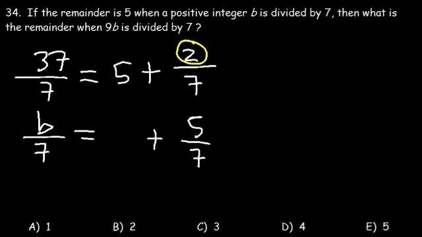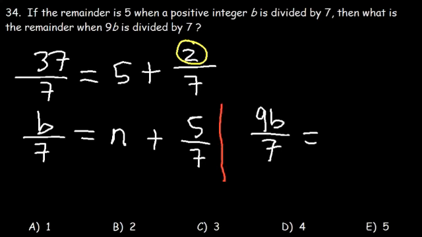Now we don't know how many times 7 can go into b, so the amount of times that 7 goes into b, we'll call it just n. Now our goal is to find out what is the remainder when 9b is divided by 7. And that's what we want to do.